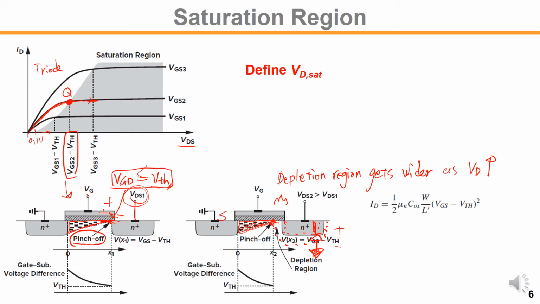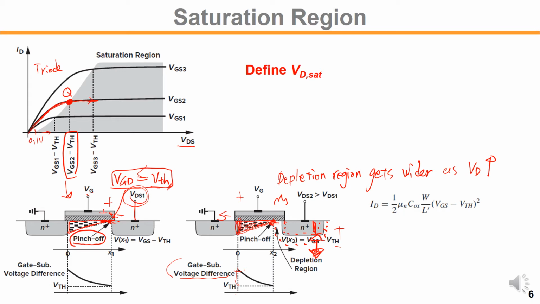If you plot the gate and substrate voltage difference on this axis, from the source node we have a large VGS that is greater than VTH, so we have a strong inversion there.